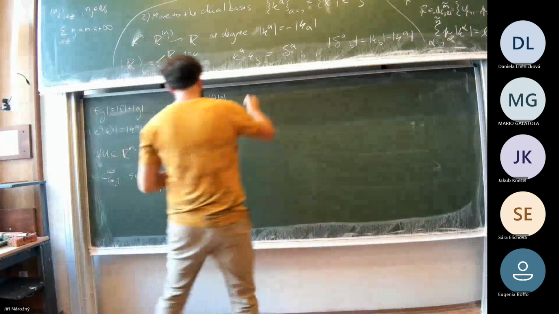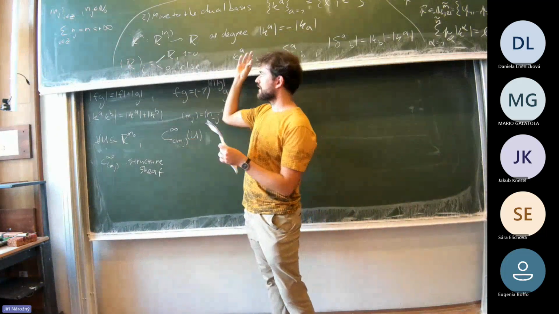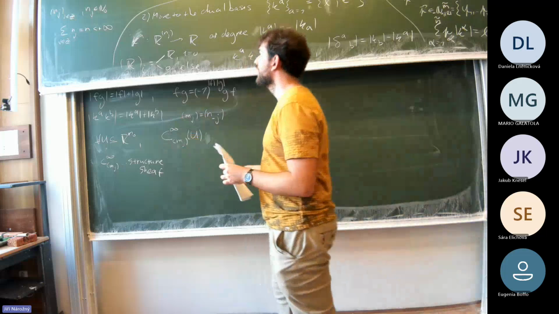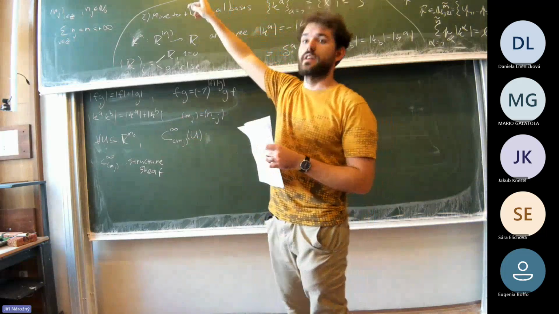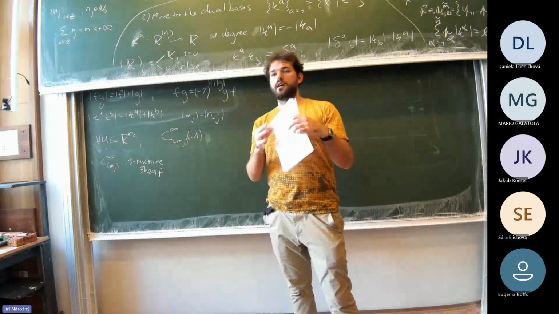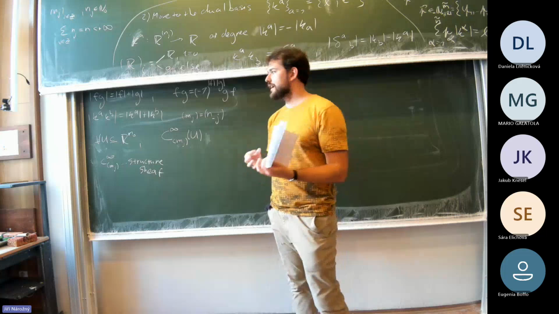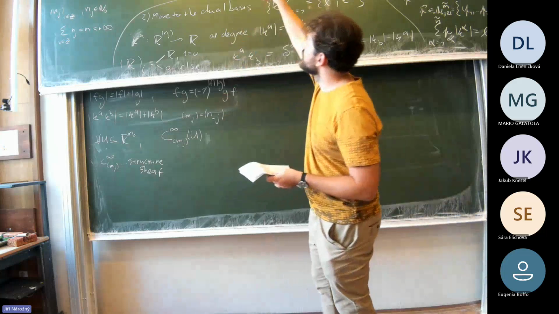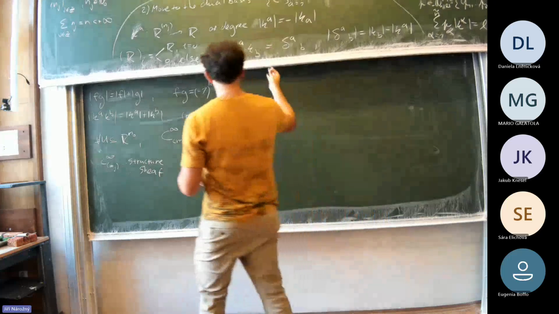Okay, so why do I keep talking about this, or why is this so useful for me? Well, that's because same as Rn, or open subsets of Rn, are templates of what smooth manifolds look like locally, open subsets of this are a template of what graded manifolds look like locally.